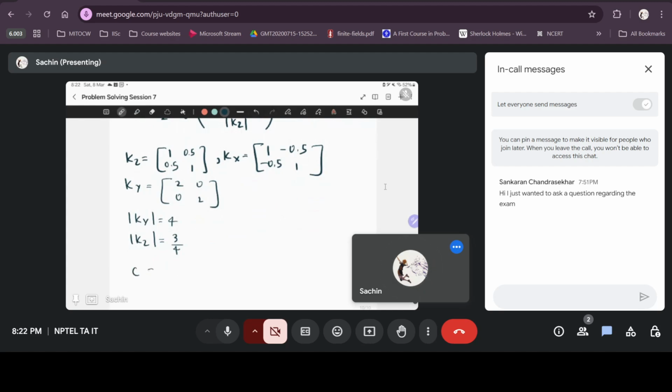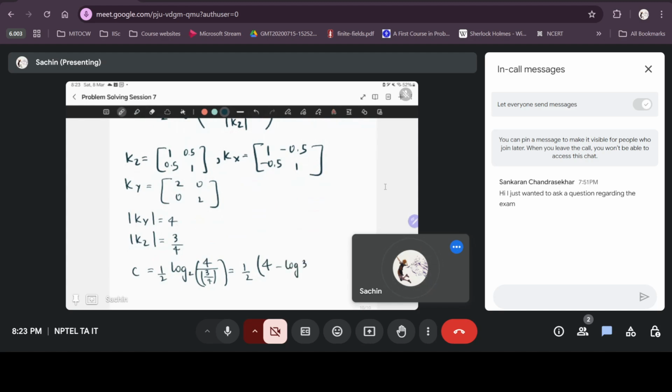So C is half log to the base 2 of 4 divided by 3 over 4. Half log to the base 2 of 16 over 3, which is log 16 minus log 3. Log 16 to the base 2 is 4.